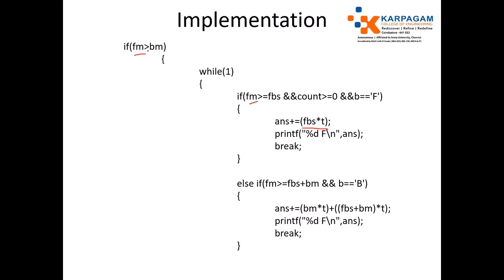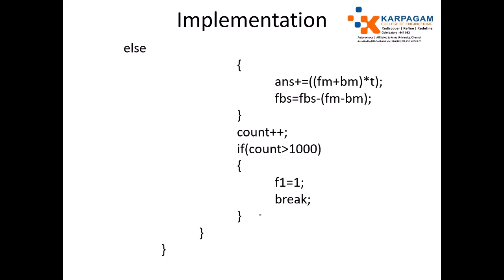So when FM, the magnitude of forward direction, is greater than the magnitude of backward direction, you have to keep on checking whether FM is greater than or equal to FS, whether you have reached the banana skin in the backward direction. If you reach it, just calculate it.